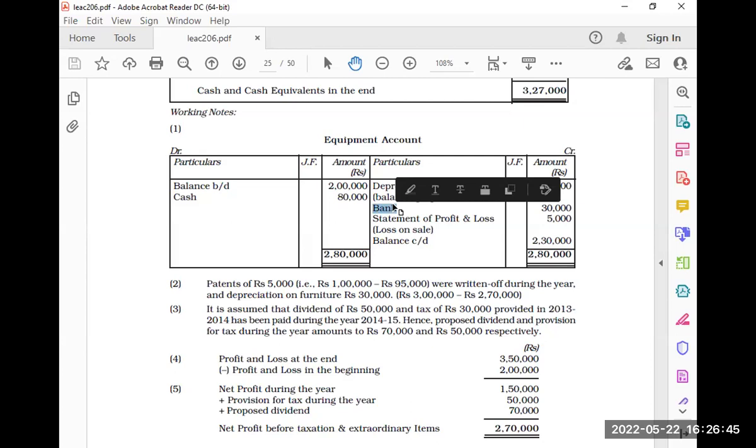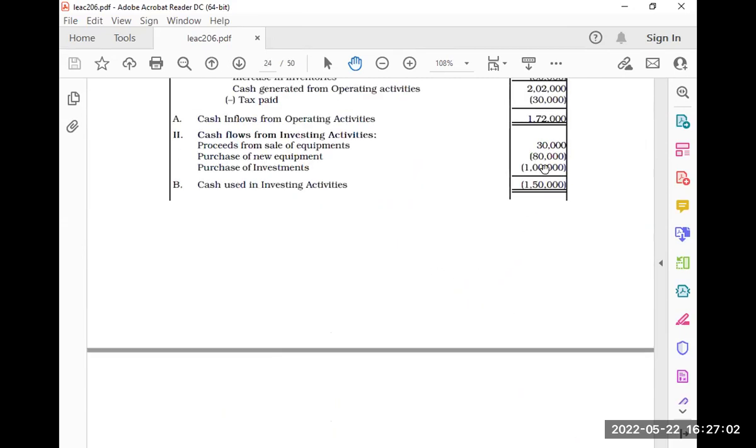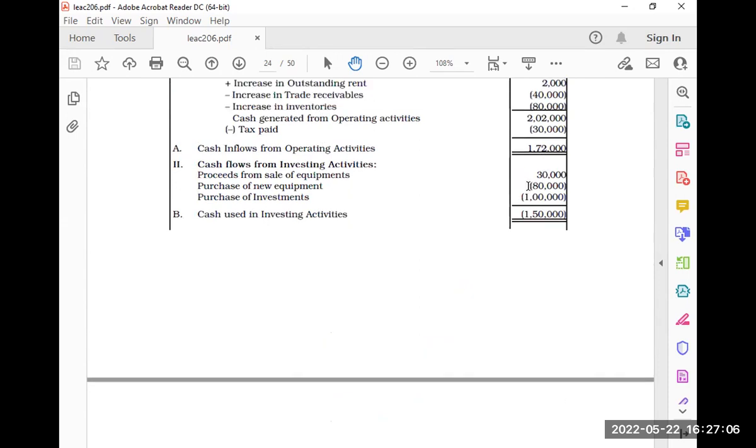Credit side: depreciation, sales, and closing balance. There is only one amount different, that is 30,000. So I've taken that 30 as purchase. You write it here in brackets, bank account, purchase of equipment. Come to the statement, write 30,000. It is written 30,000 here. Okay, 80,000 is purchase, 30,000 is sales.